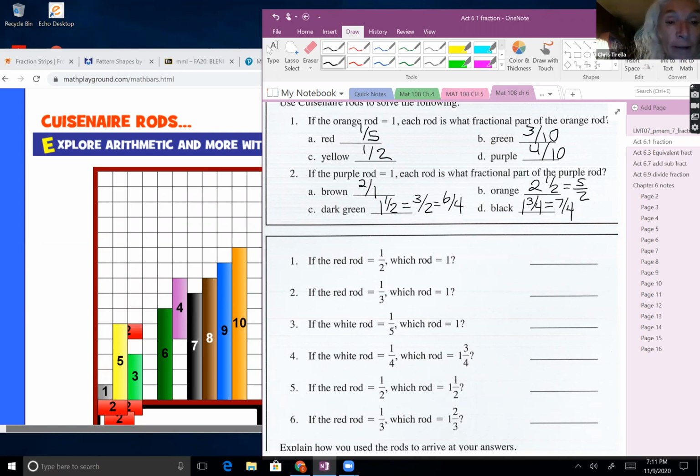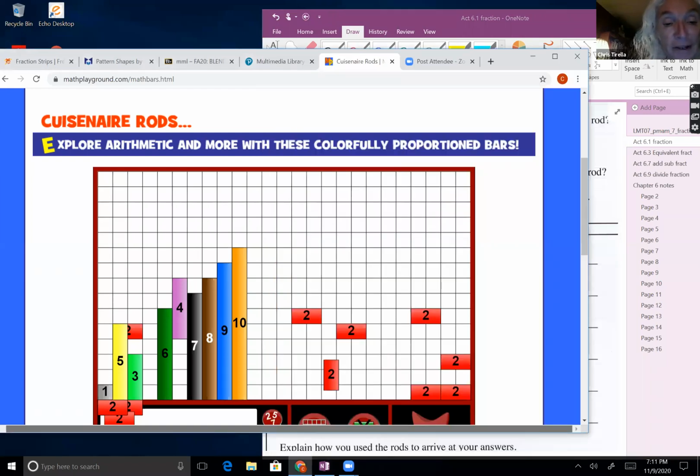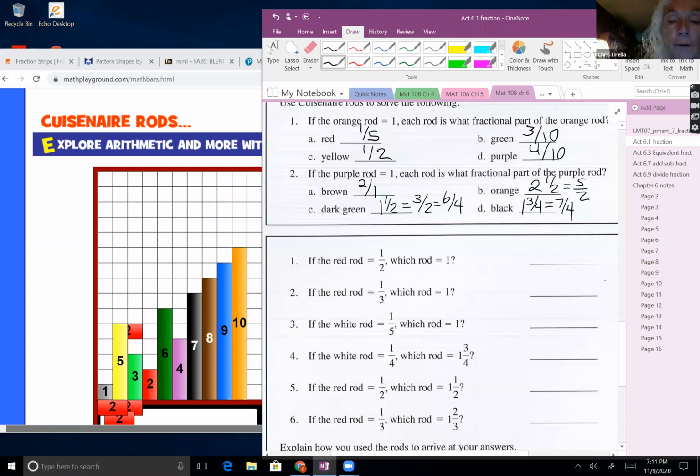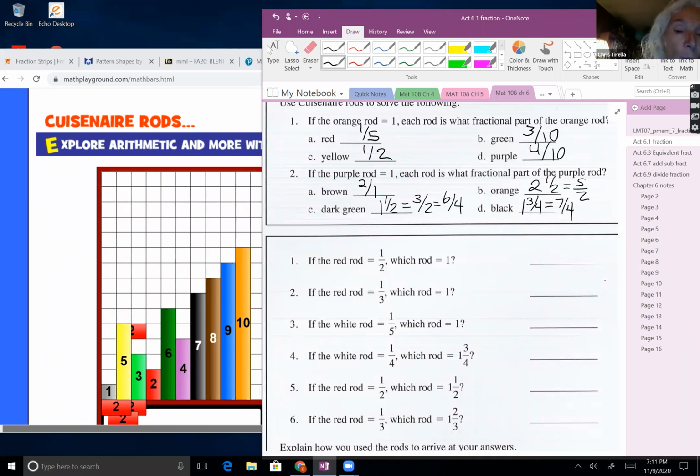And so now I have to apologize. I have all of these red ones going in the other direction. If the red rod is 1/2, which would be the whole, which would be 1? Any ideas? You folks are being awfully quiet.